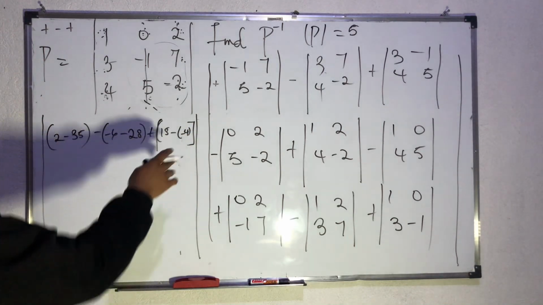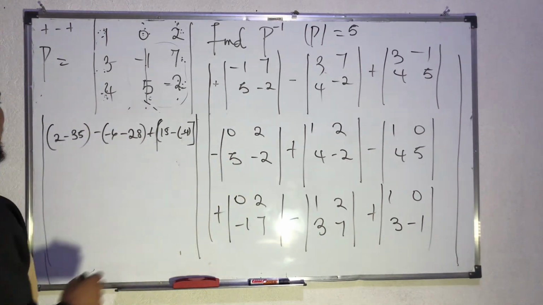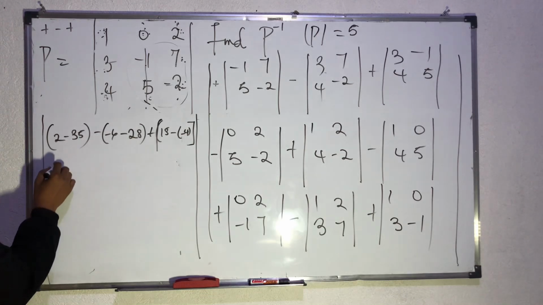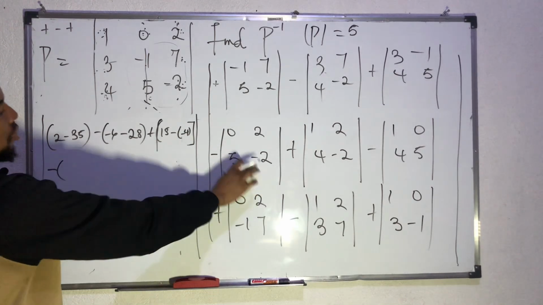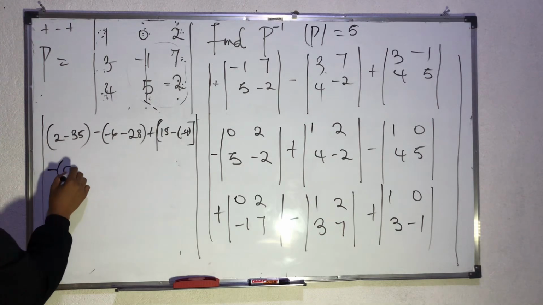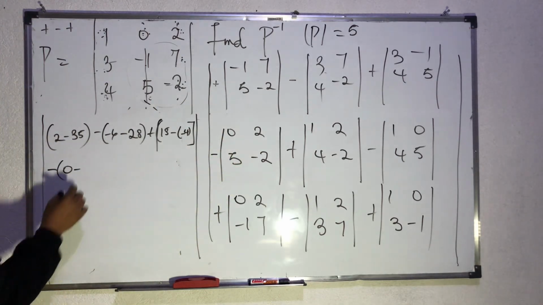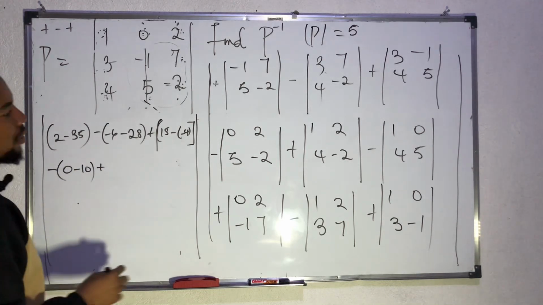Okay, now let's go over to the second row. Negative 2 multiplied by 0 gives us a 0. Remember, this has a negative sign here. Negative 2 multiplied by 0 gives us a 0, minus 5 multiplied by 2 gives us a 10. And for the next one, we have a plus.